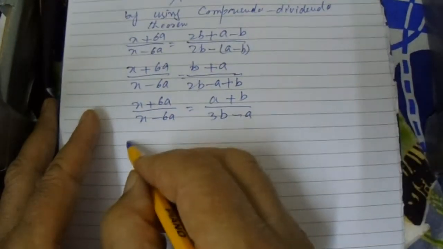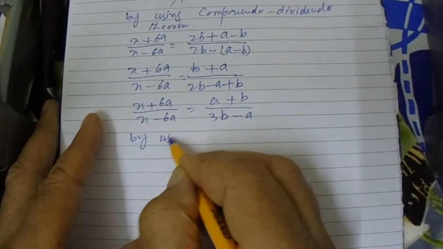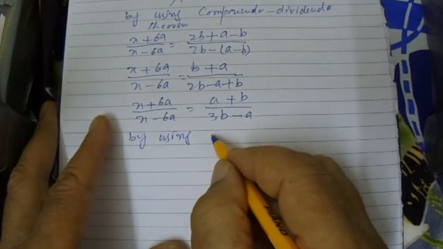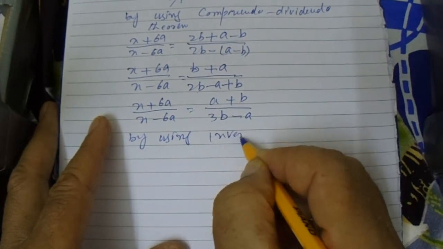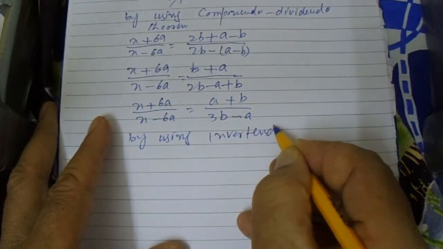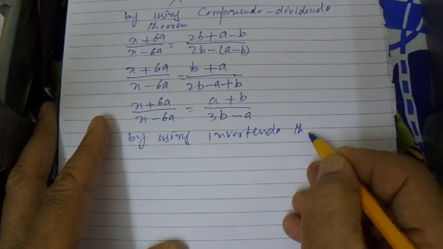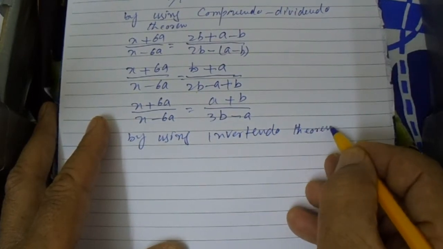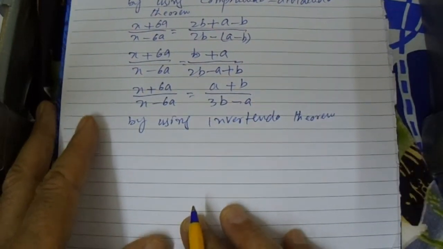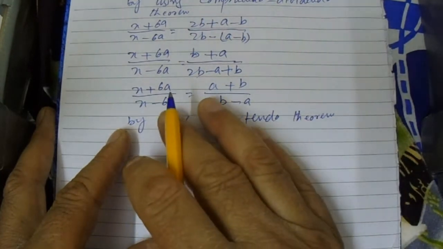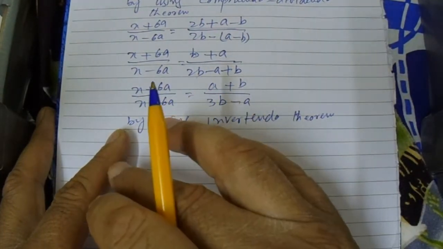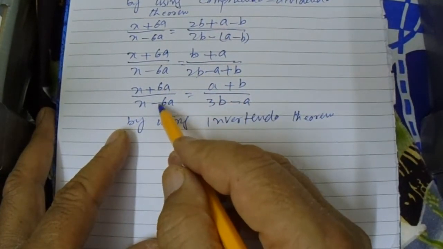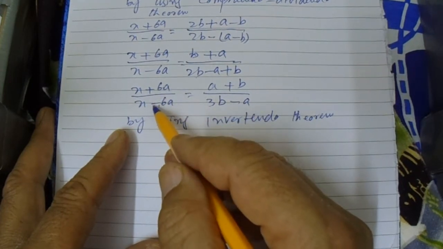Now by using invertendo theorem we get, and invertendo means we change the fraction. This will become the numerator and this will become the denominator.